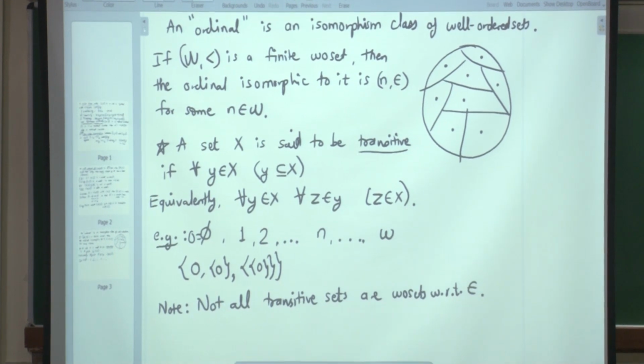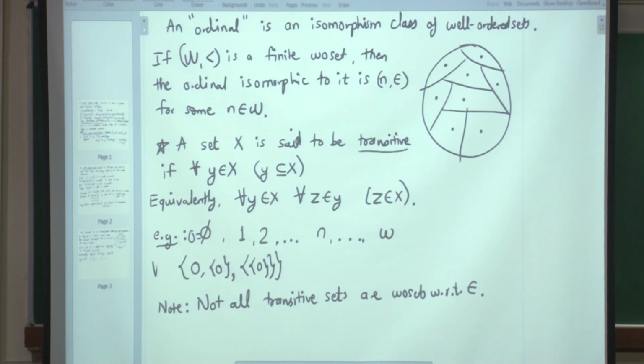Let me call this W. So {0, {0}} is a subset of W, and this is a non-empty subset that doesn't have a least element.